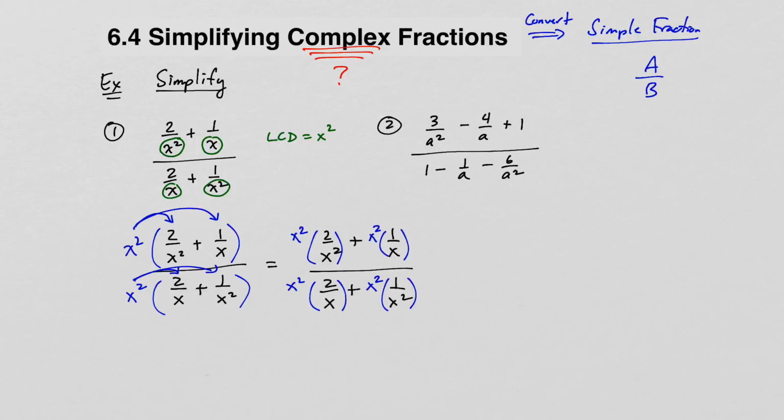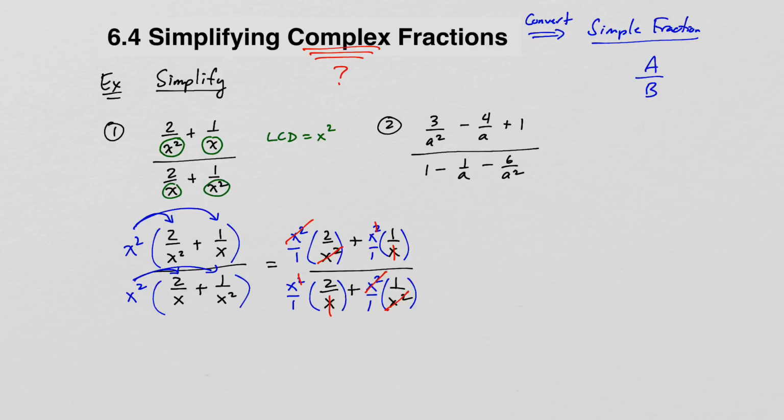And the whole point is each one of those x squareds can be thought of as x squared over 1. And now what you can do when you multiply these little fractions together is you can cross-cancel common factors. So x squared cancels with x squared. Here x squared cancels with x squared. And on this one, x will cancel one of those x's. So this cancels out, takes away one of those. And down here, this x will cancel out one of those x's.